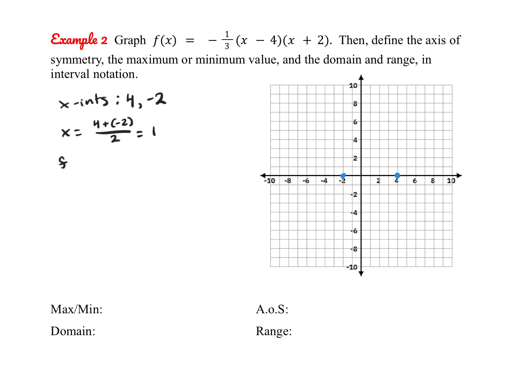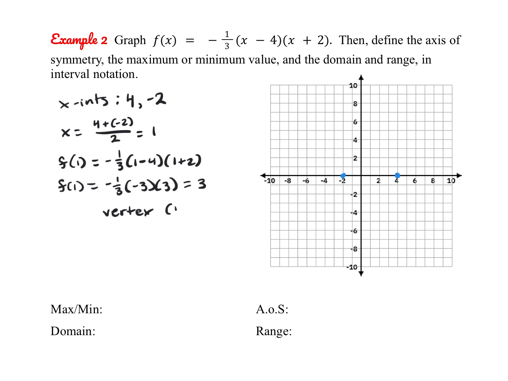But again, that's just the x value of the vertex. We need to plug it in to find the y value. So negative 1/3 times (1 minus 4) times (1 plus 2). So negative 1/3 times negative 3 times 3 gives us positive 3. So our vertex should be at (1, 3).